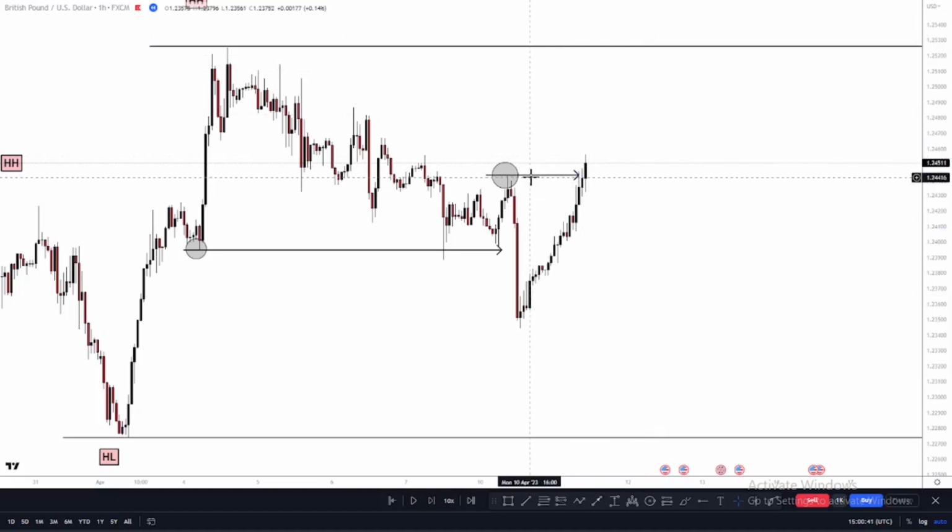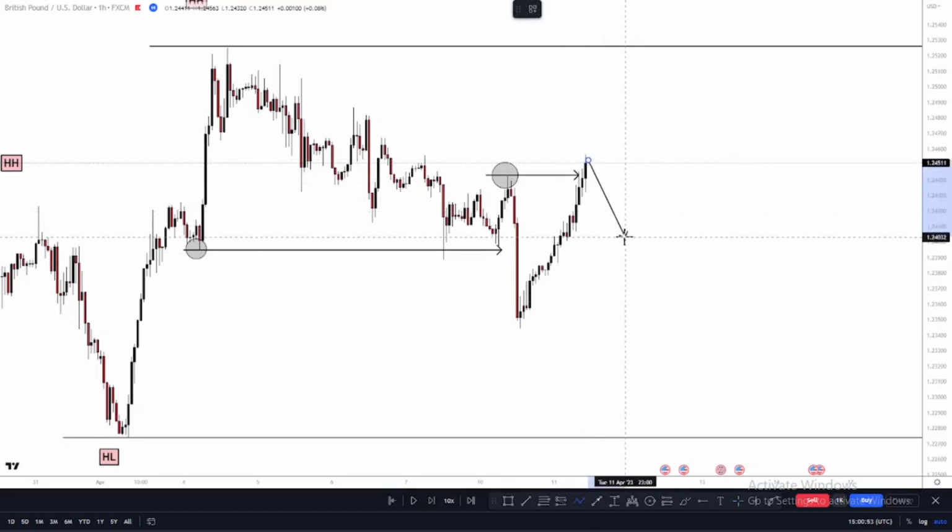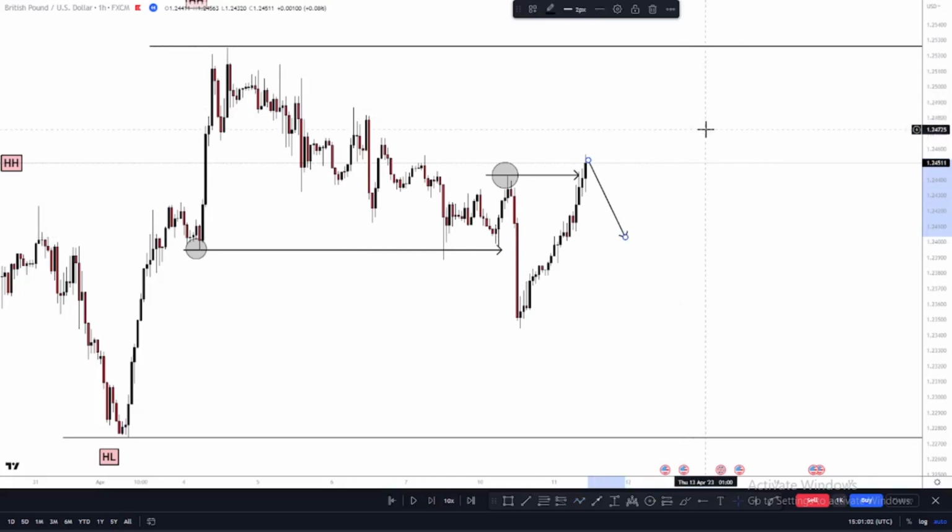After price has managed to close above our lower high, what are we expecting price to do? Like I said on the H4, we are expecting price to retrace a little bit to create a higher low, so we can continue to the upside. All right, good.